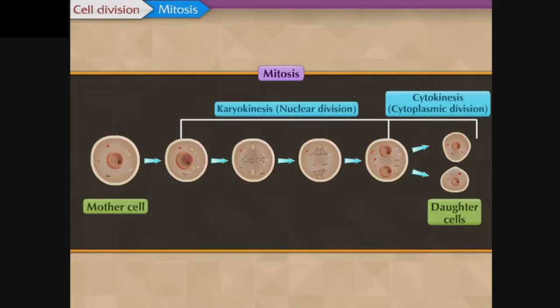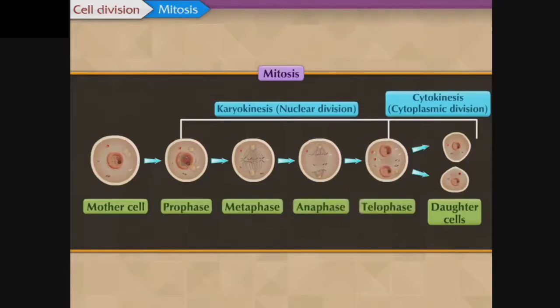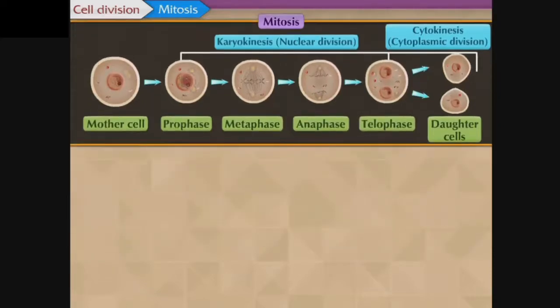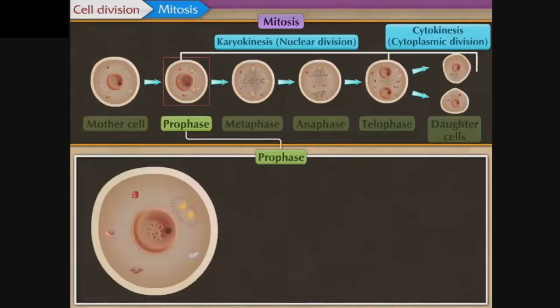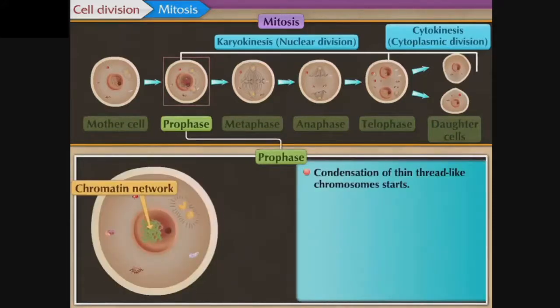The division of the nucleus, that is karyokinesis, is completed through four steps: prophase, metaphase, anaphase, and telophase. Let us learn about them one by one. Prophase. In prophase, condensation of thin thread-like chromosomes starts.